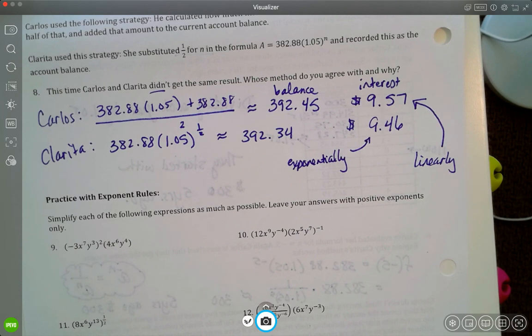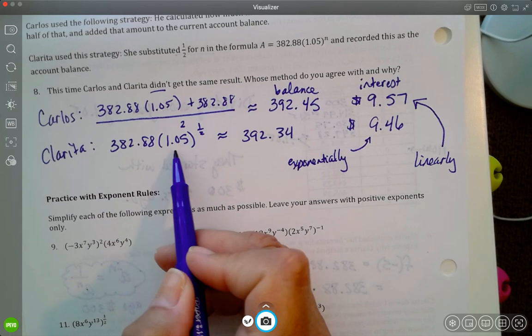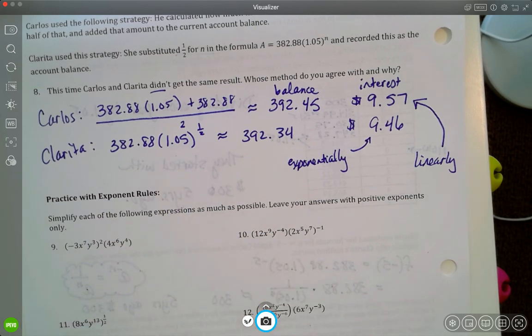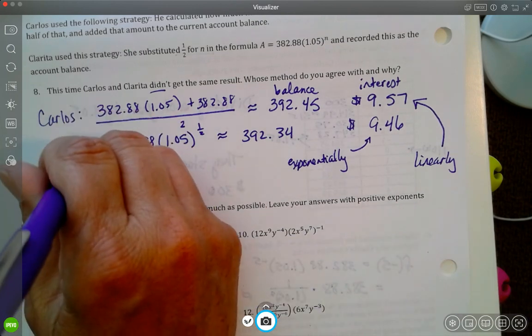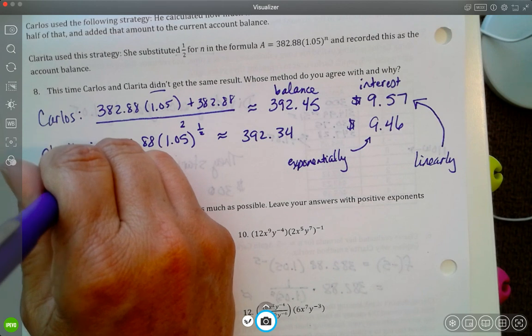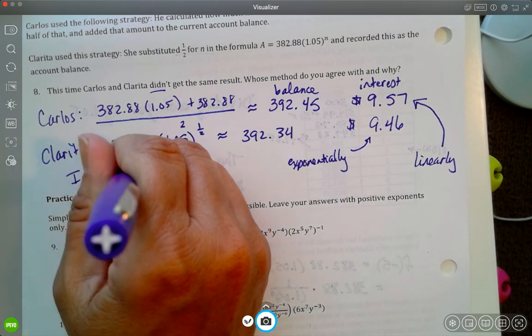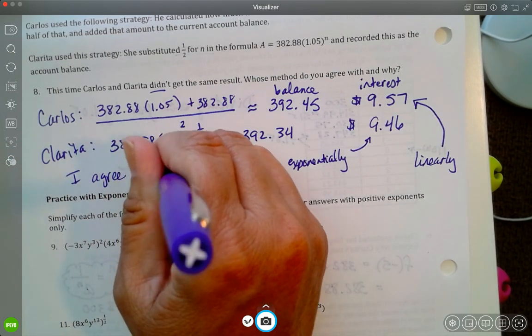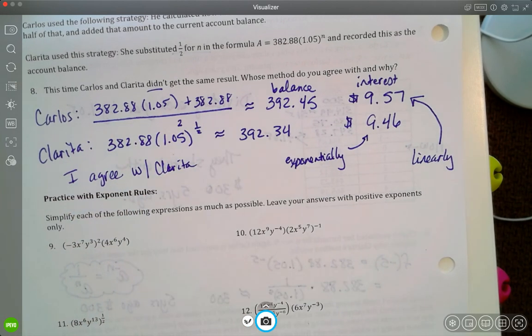I think I would agree with Clarita's method because this idea of multiplying by the same number over and over again, like a constant multiplier, is exponential. So I agree with Clarita, because interest is an exponential relationship.